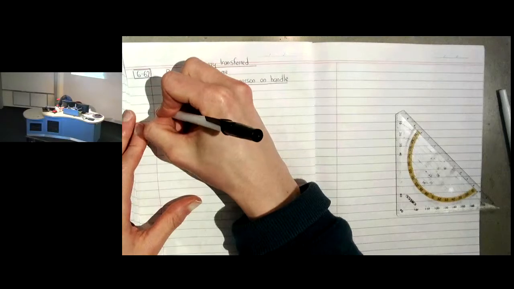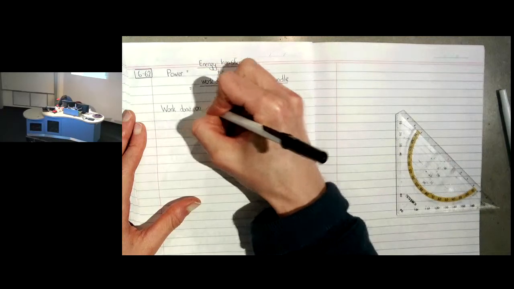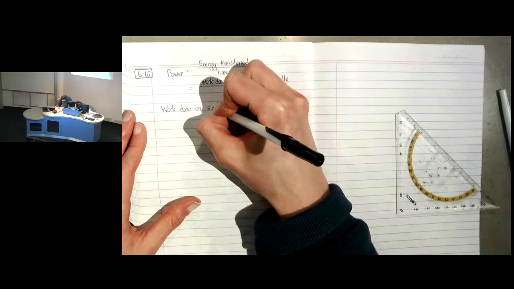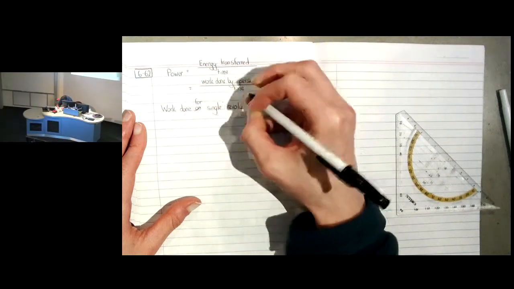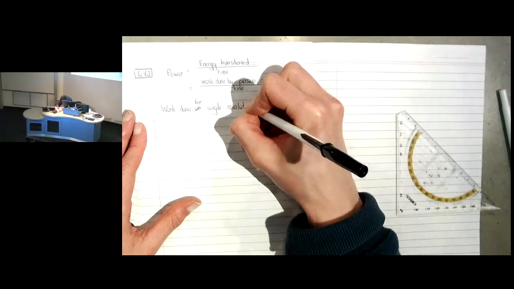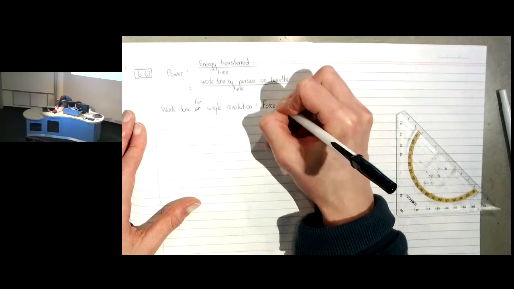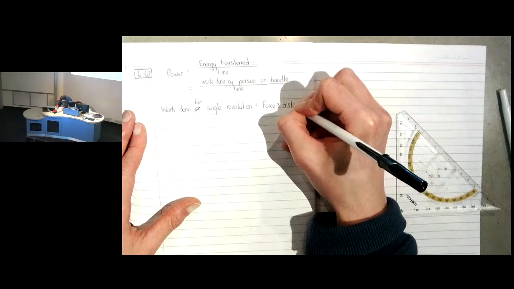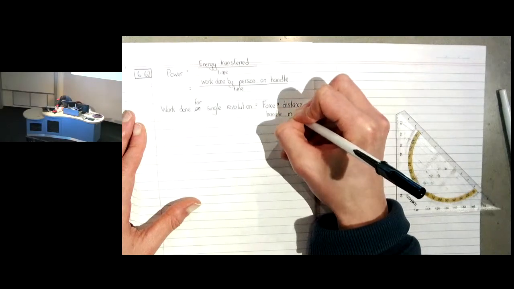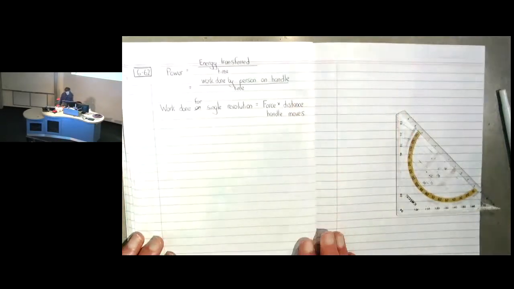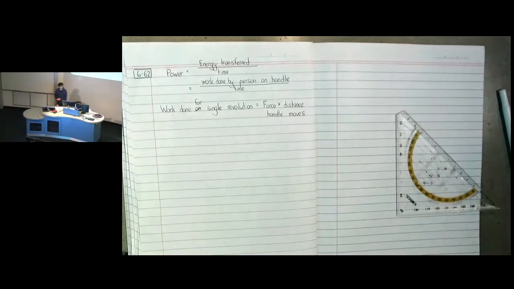Now the work done on a single revolution will be equal to the force times the distance the handle moves, and we're told that the force that's being applied parallel to the motion of the handle is 22 newtons.